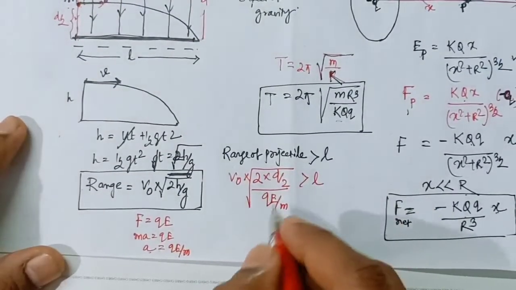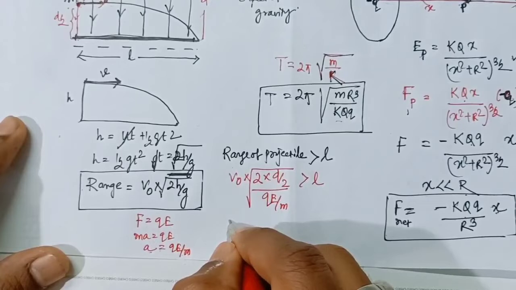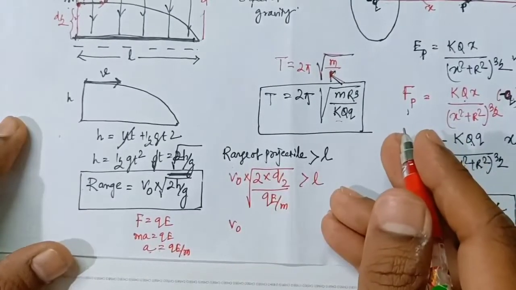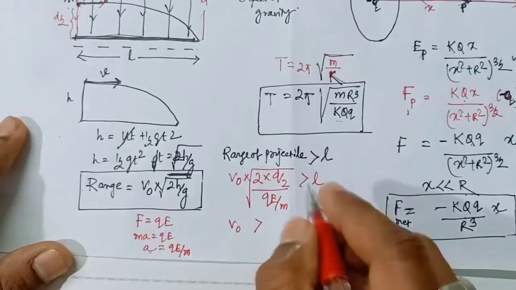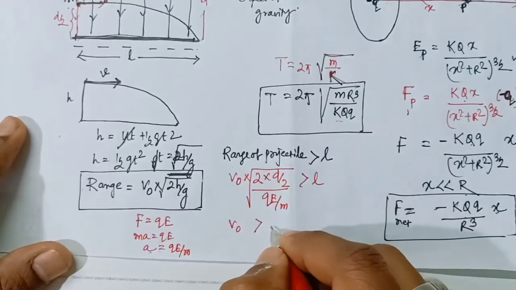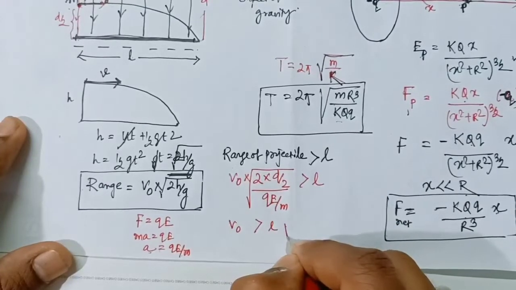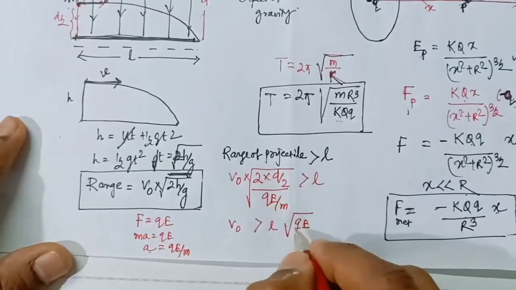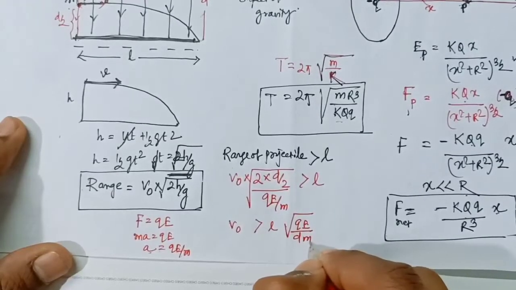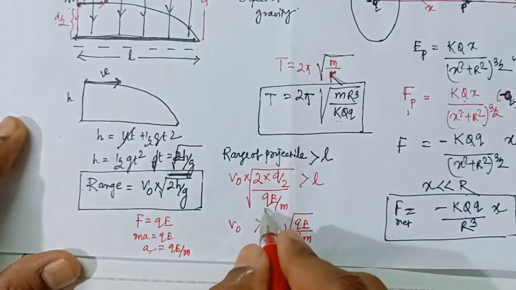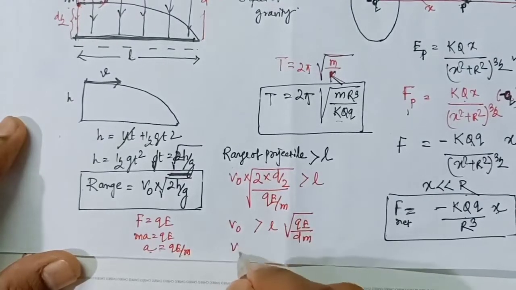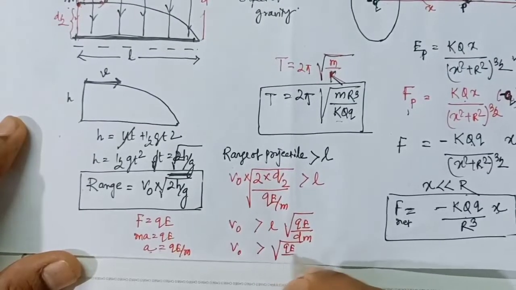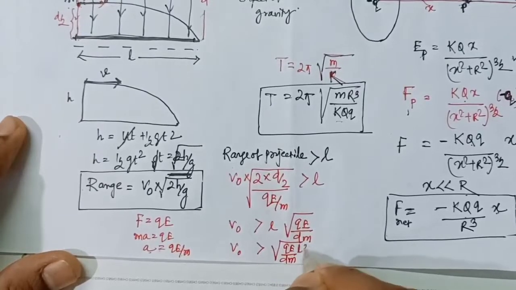So what expression is coming? This is V0, and the rest of the terms I take to the other side. That will be L, and this is QE upon dm, so V0 should be greater than, you can say, root of QE upon dm into L square.